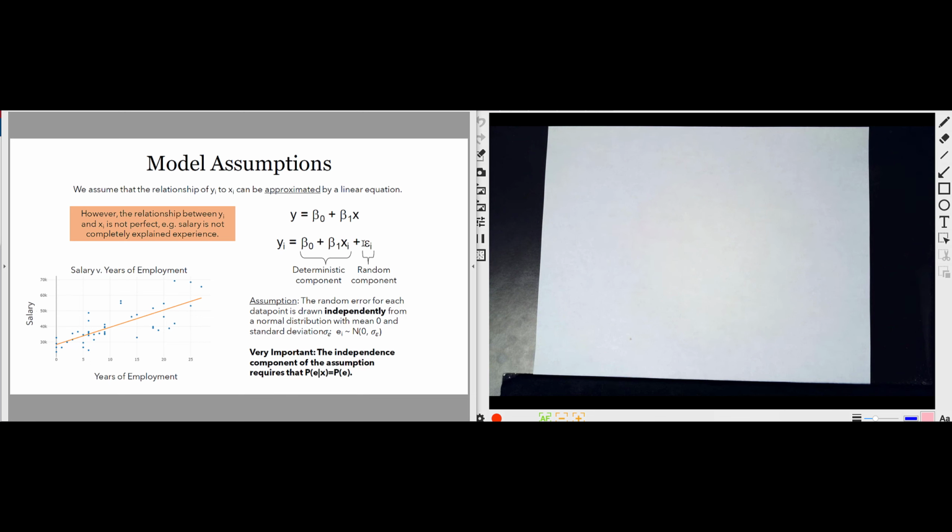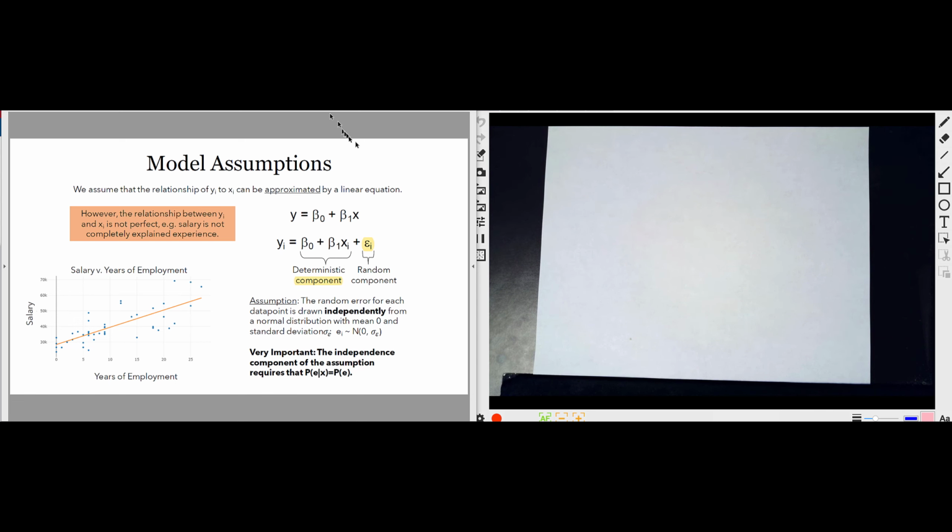There is typically some error or random component associated with each actual y sub i value. We call the part of each y sub i value that depends on our two computed coefficients, b0 and b1, the deterministic component.